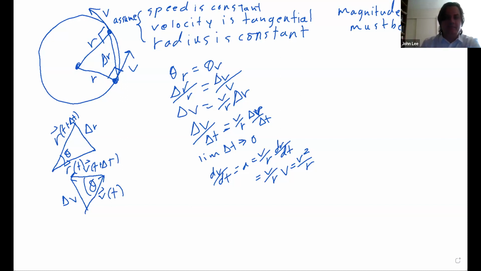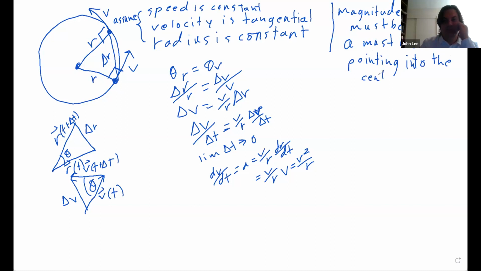And then this is a consequence. Another consequence is that the acceleration must be pointing into the center of the circle, because velocity is changing, but the magnitude of the tangential velocity doesn't change.